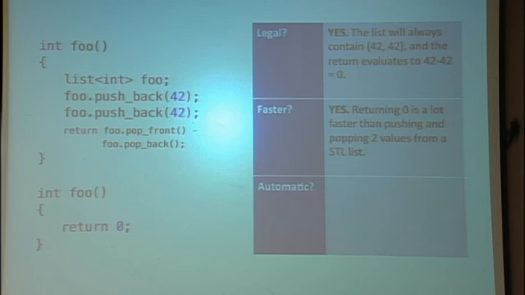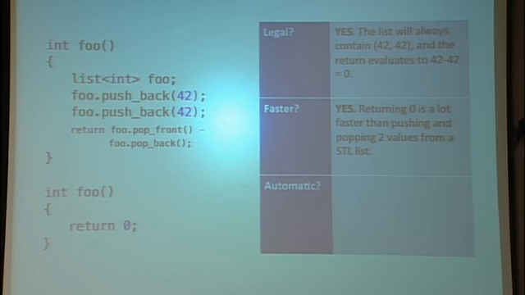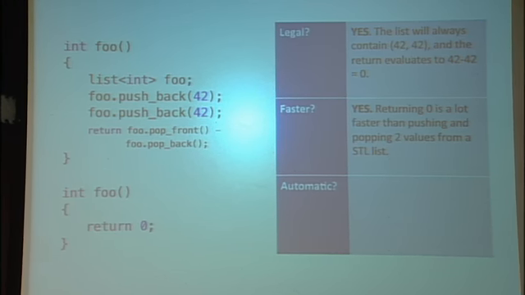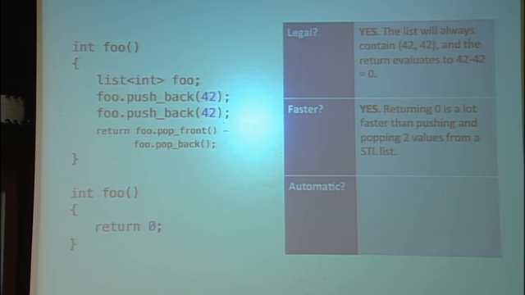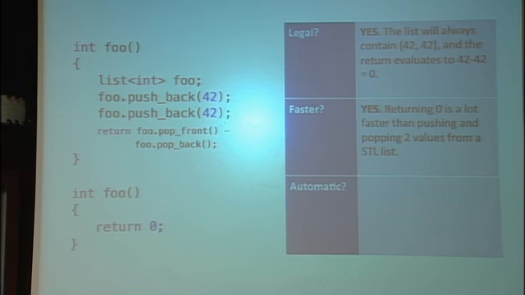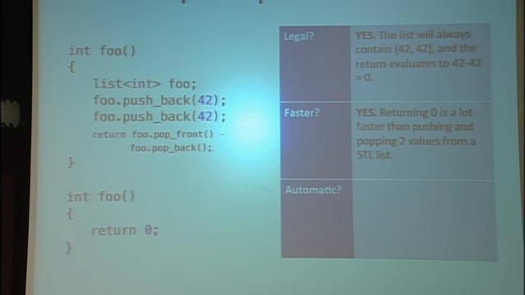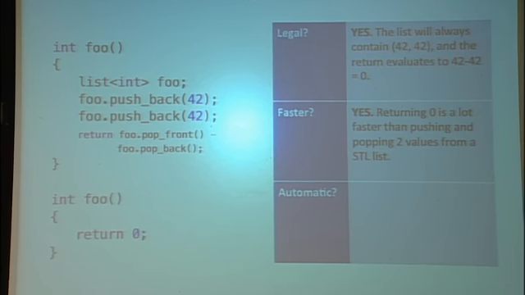And finally, is this an automatic optimization? How many people say yes? Cool, nobody said yes. How many people say no? People who say yes, if you could work for compiler companies, I would appreciate that a lot.